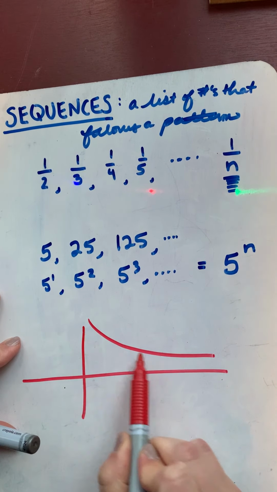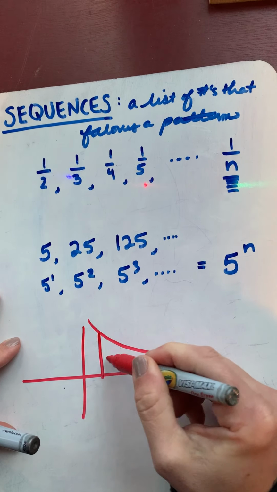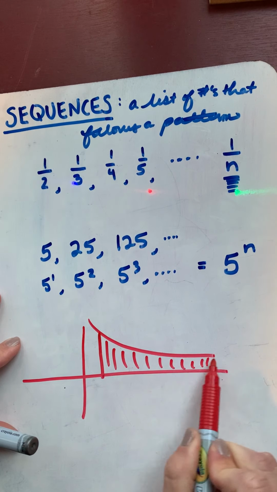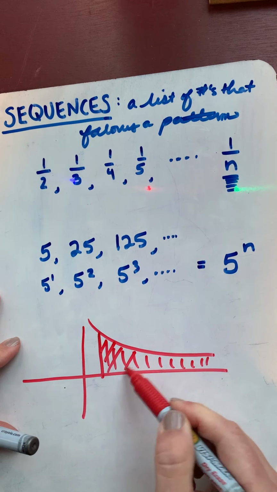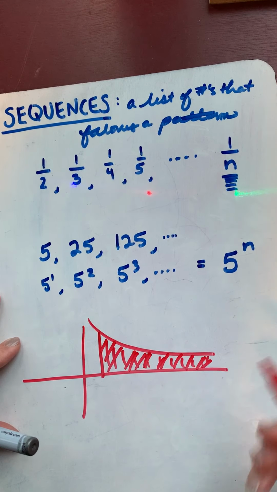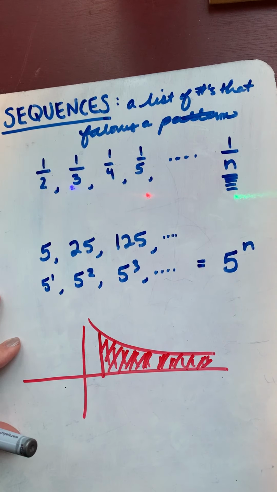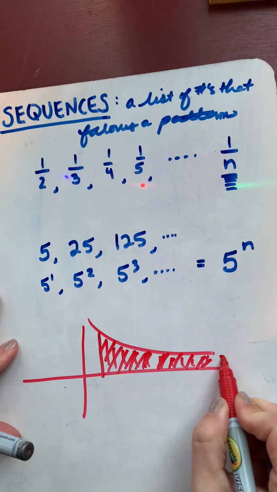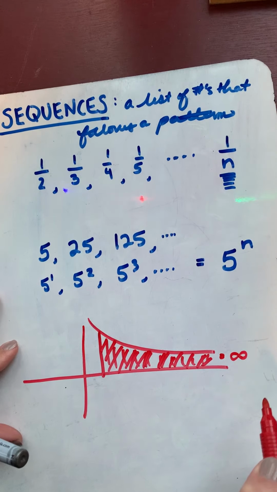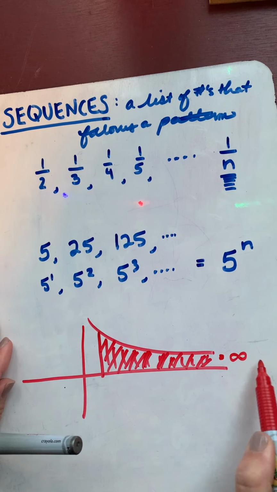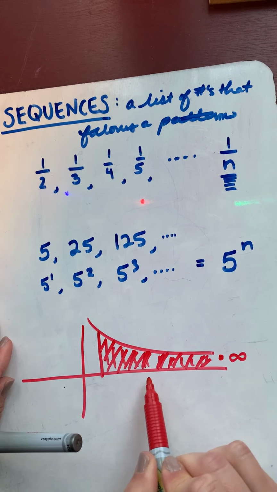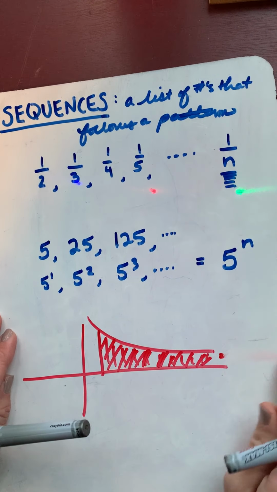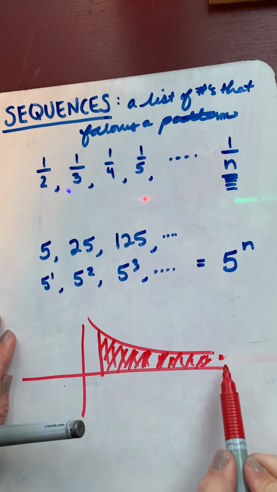If my function was decreasing, the area was getting less and less, so it was possible that the accumulation of this area was something that we could calculate numerically. It was also possible that the area under the curve was too big and would end up being infinite. So again, a reminder: when that area was infinite, we would say the integral diverged, and when the area was able to be found numerically, I would say the improper integral converged.